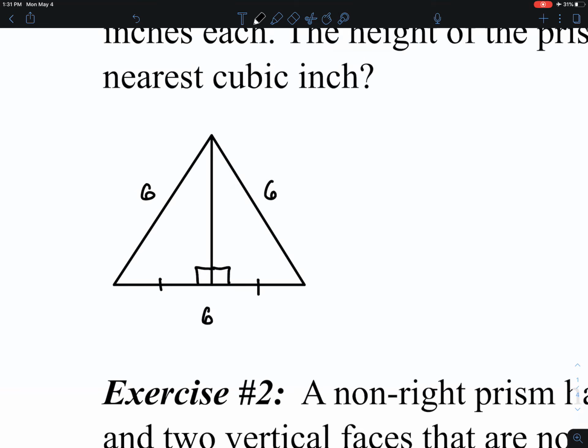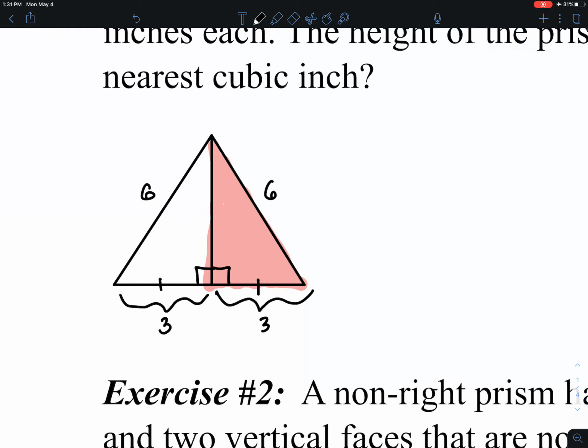So we know these two pieces are the same, the angles are the same, and everything else. All right, so we know that the two triangles are congruent. So this piece here is going to be 3, and this piece here is going to be 3, as the whole thing is 6, right? So what we can do is focus on just one of these triangles, find the area of it, and just double it, okay?